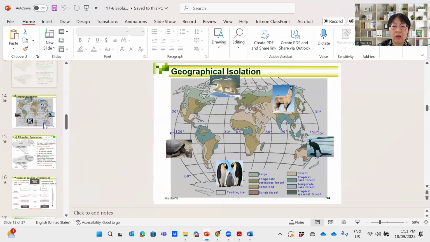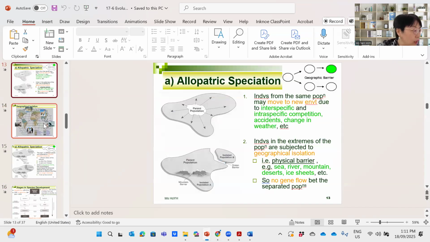The keyword is, number one, you must talk about there being a geographical isolation. This original population, original species, started to move to different locations, and these three islands were once connected together. So they moved away to three different locations, and eventually when the three locations were separated by sea or ocean, it led to geographical isolation.